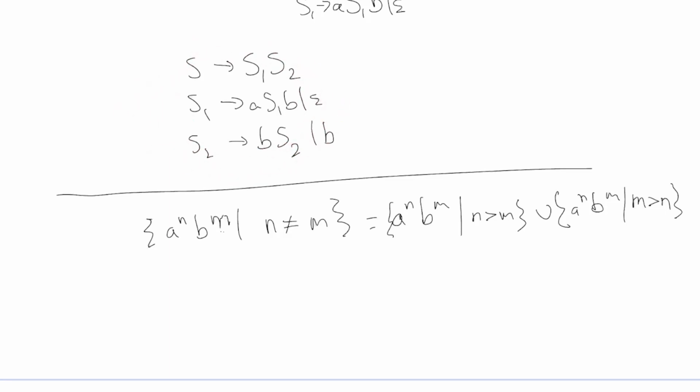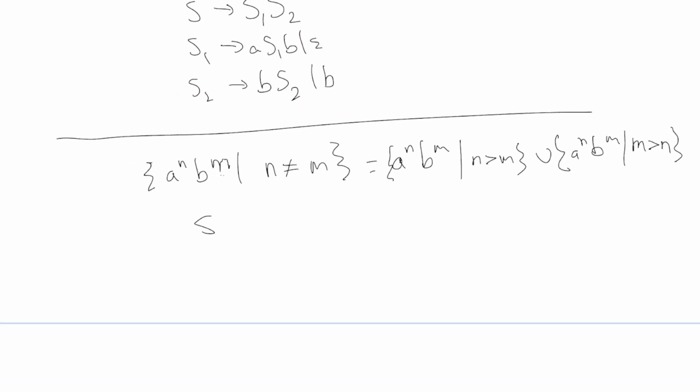So my strategy for writing that is I'm going to say S goes to S1, S2, or T1, T2. And S1, S2 are going to be exactly the same as these ones up here. T1, T2 are going to be the same as these ones, but using extra A's instead of extra B's. So I say, sorry about my handwriting, S1 goes to, for the S's, I'm copying exactly what you see at the top of the screen.